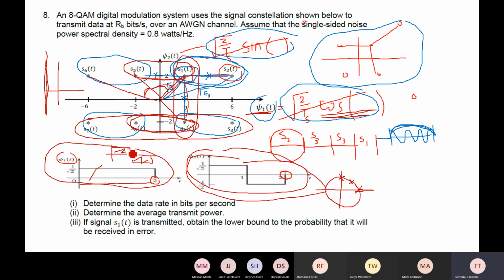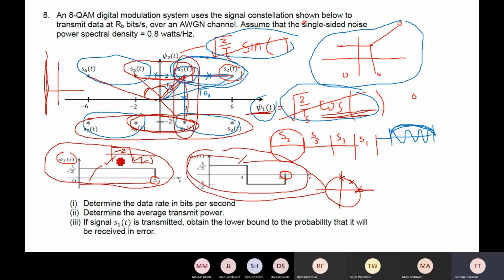Let's give a number. Say the bandwidth of that is 1, and the bandwidth of this one is 0.5. It means at some times you are transmitting a signal with a bandwidth of 1, and at times a signal with a bandwidth of 1/2.